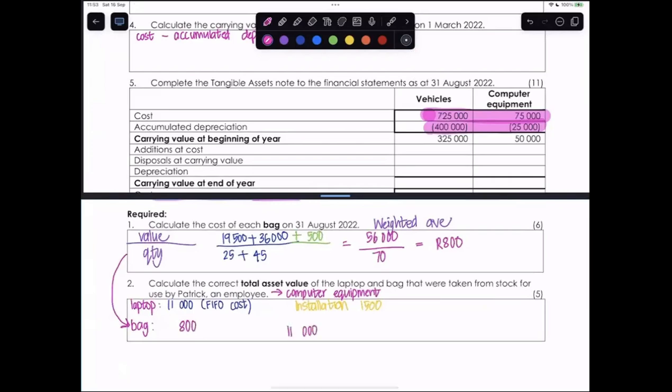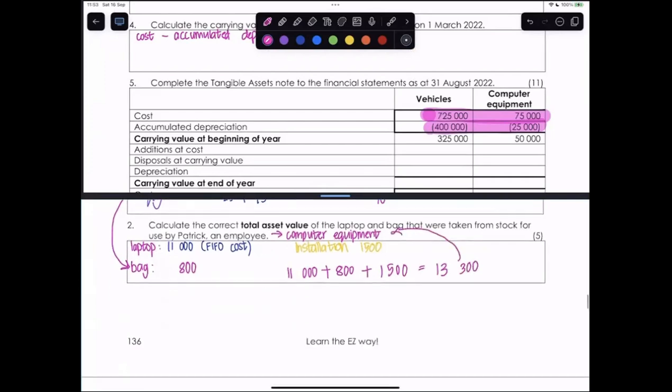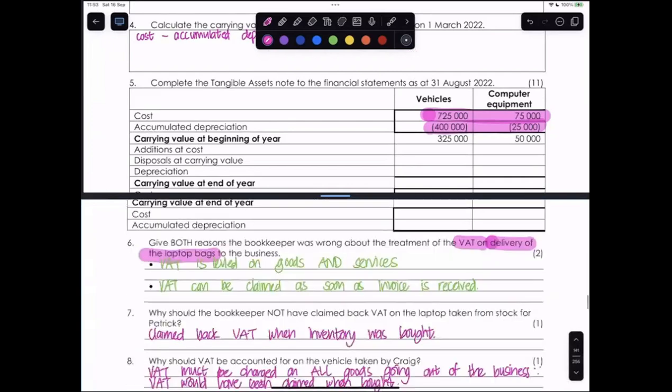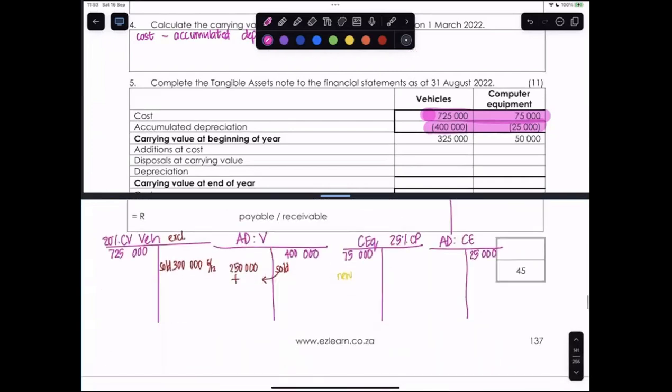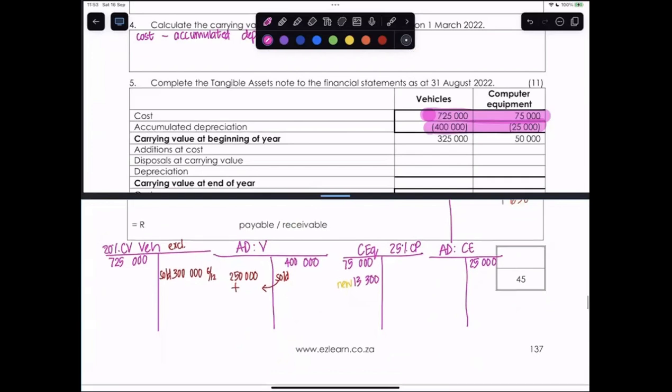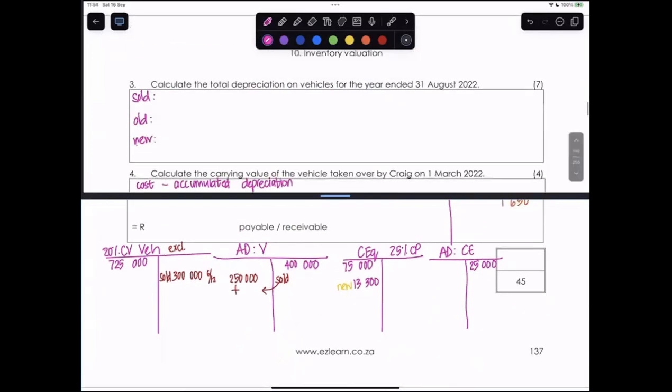And if we then add the 11,000 plus the 800 plus the 1,500, you'll see that you get a total value of 13,300. We can then take that value to the computer equipment. And so over here, we'll show 13,300 for the new asset that was taken. We forgot to put in the date when it was new, but that's okay.